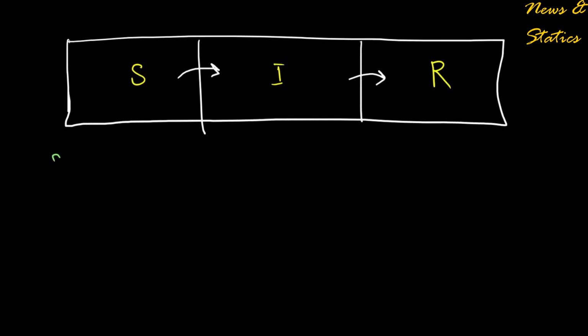Now let's consider a certain individual who is infectious, and he affects a beta proportion of people around him. But there are only S number of people who are susceptible around him. So he'll infect beta S people per day. And just consider that this person takes, say, 10 days to recover.